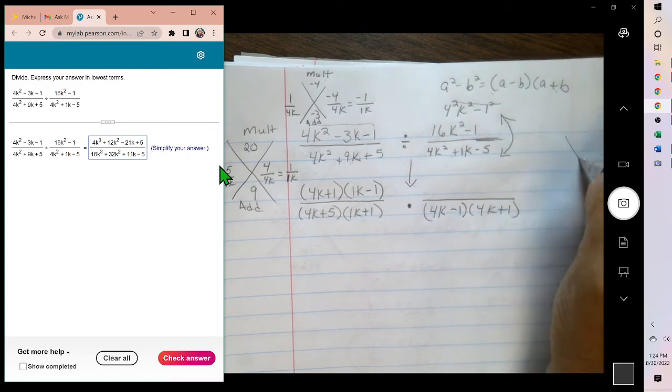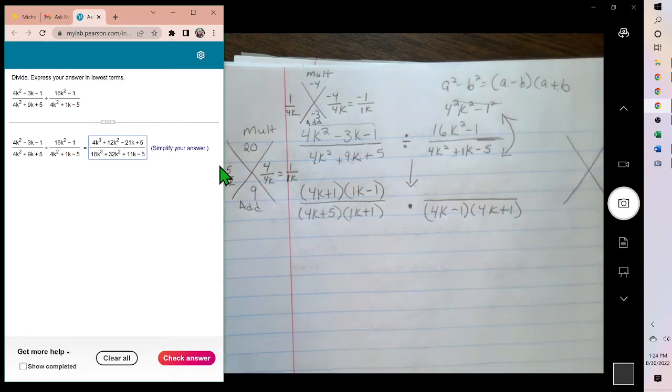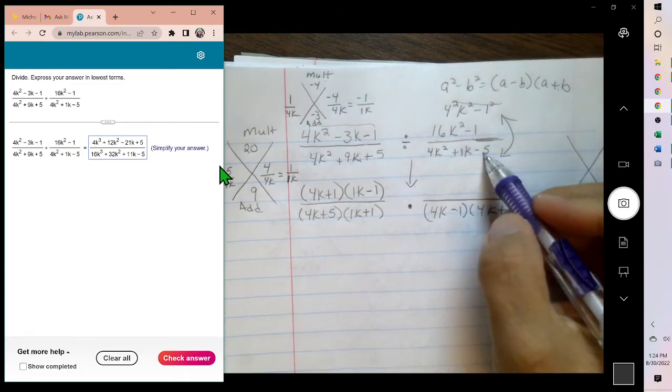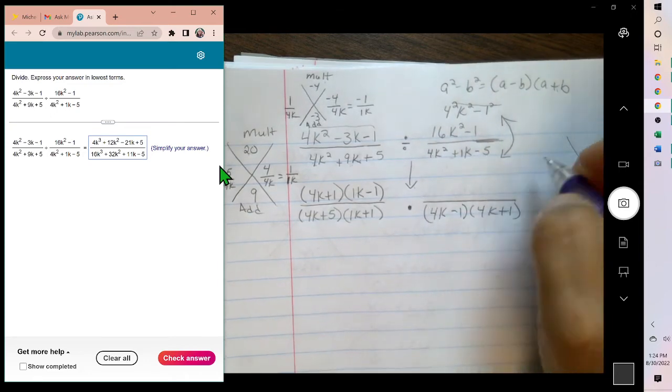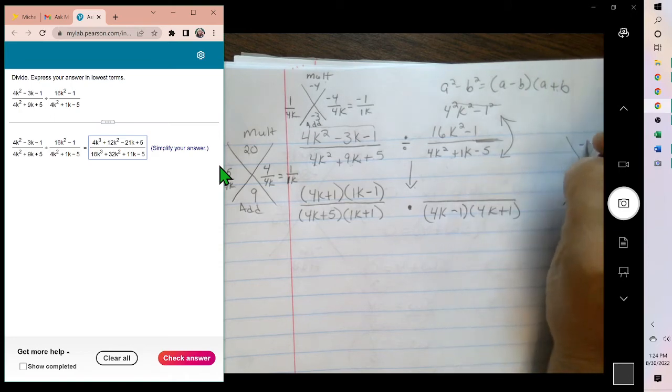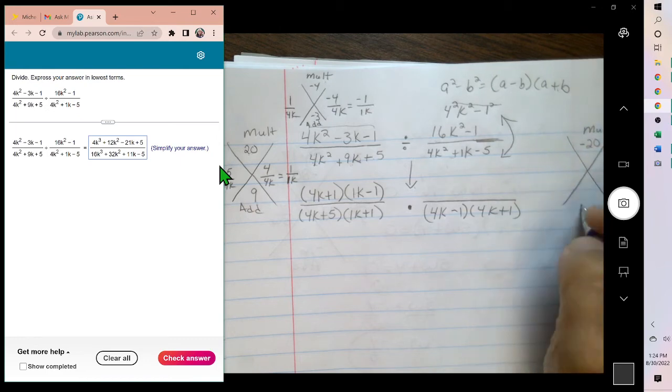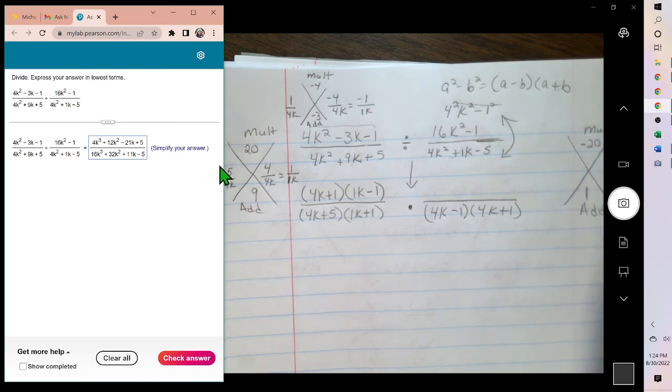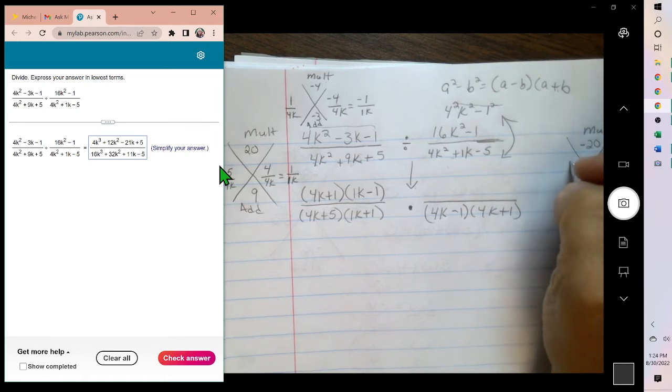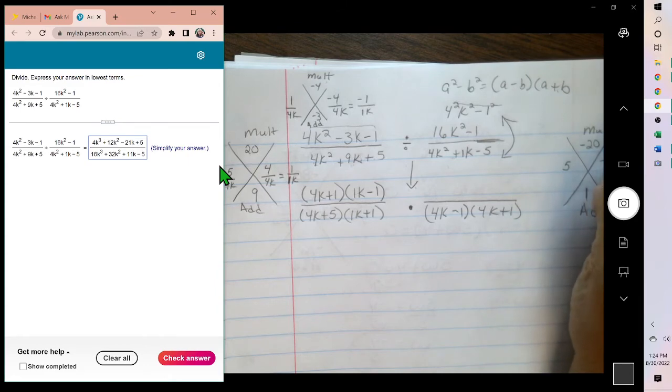Again, there's a number in front, so we can use our x. 4 times 5 is 20, but this is a -5, so it's a -20. We want to multiply to get -20 and add to get the middle value, which is +1. 4 and 5 again. We want a +1, so +5 and a -4.